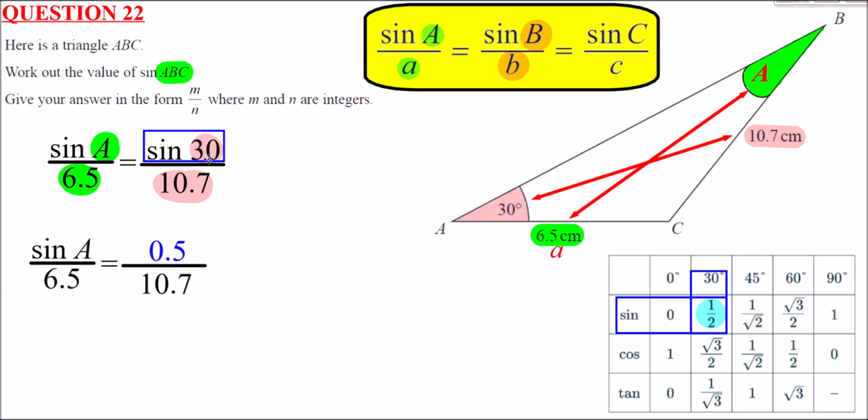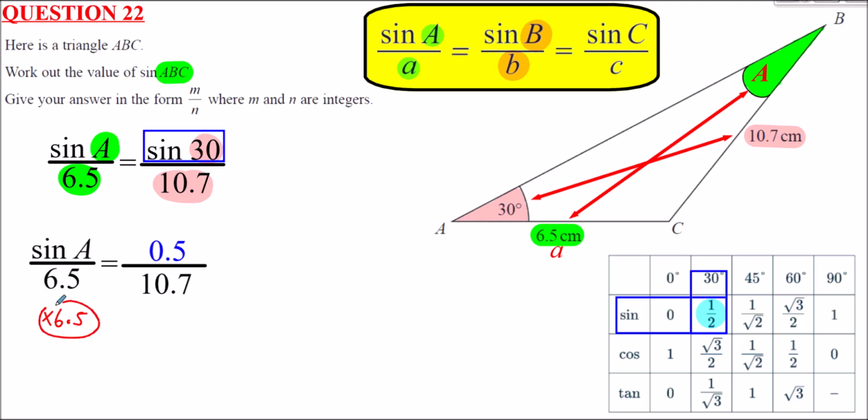So what we need to solve now is this equation, without a calculator of course: sine A divided by 6.5 equals 0.5 divided by 10.7. To make sine A the subject, I need to undo this dividing by 6.5 by multiplying both sides by 6.5.